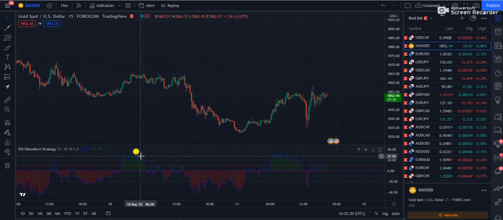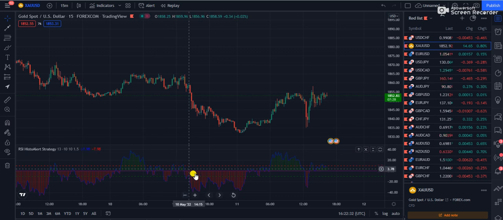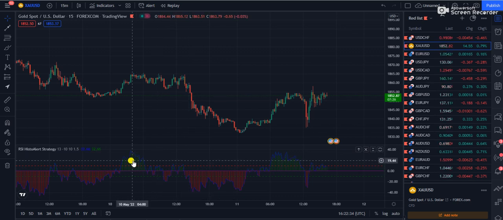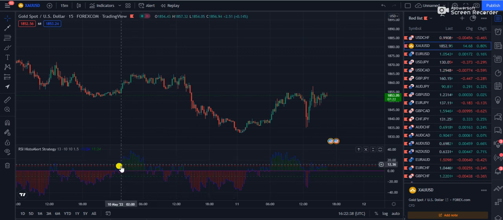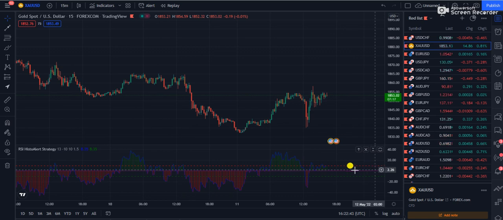Okay guys, the strategy is very simple, because you can see that we have two types of colors, green and red. The green color stands for this: there is a middle line in between these two levels, and this is kind of a red line.